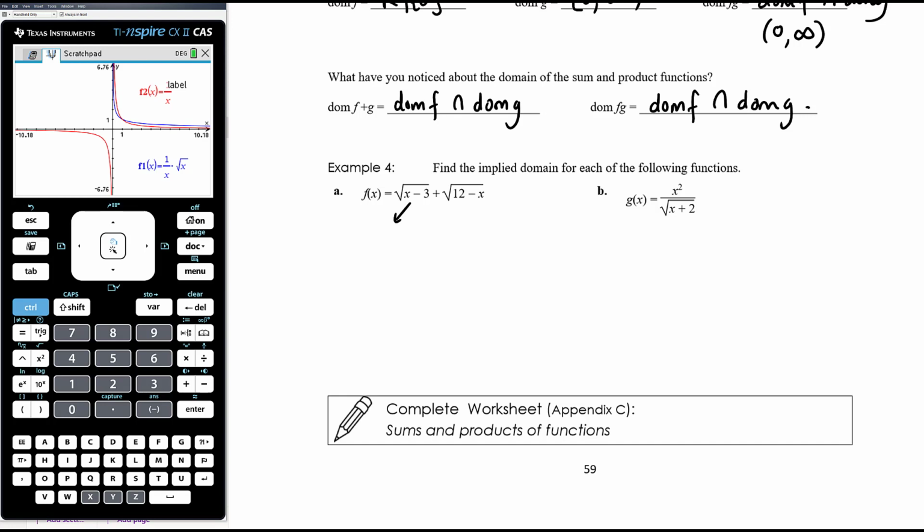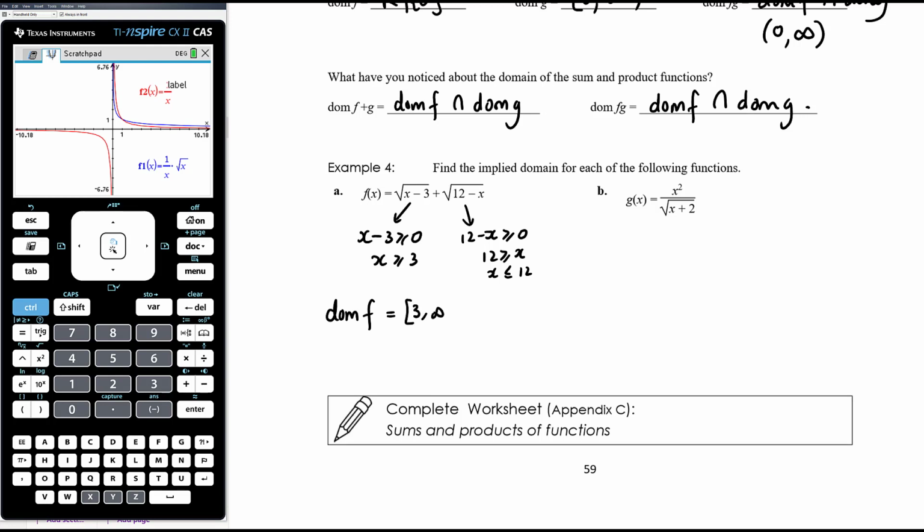So we know that x minus 3 has to be bigger than or equal to 0, which means x has to be bigger than or equal to 3. So the domain for that part of the function is 3 to infinity. Here we know that 12 minus x has to be bigger than or equal to 0. So 12 is bigger than or equal to x, which means x is less than or equal to 12. So the domain of f is the intersection of those two things.